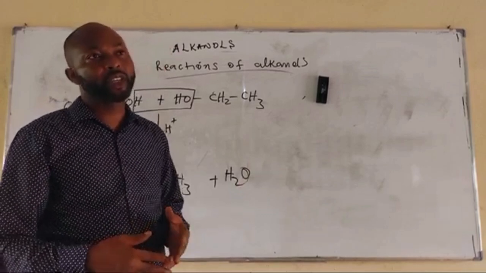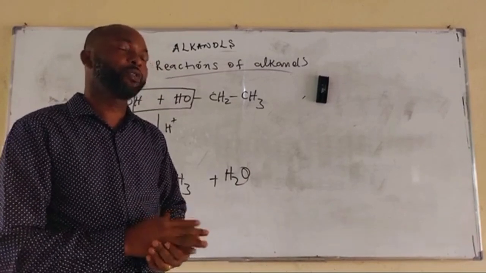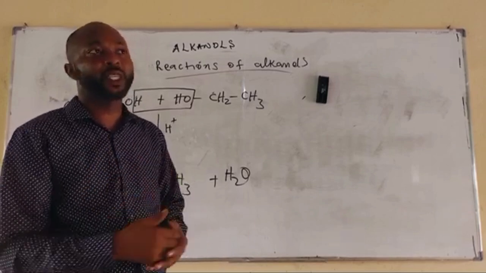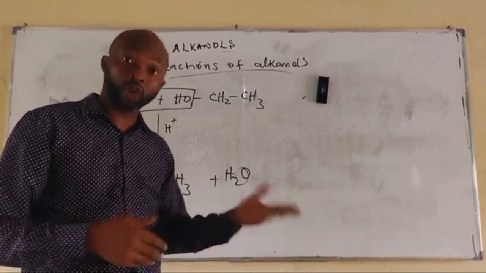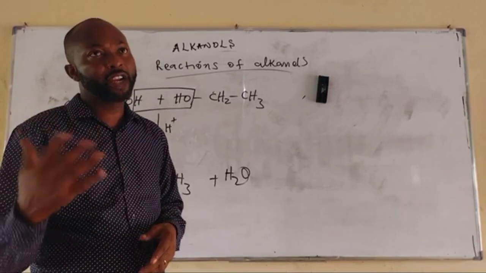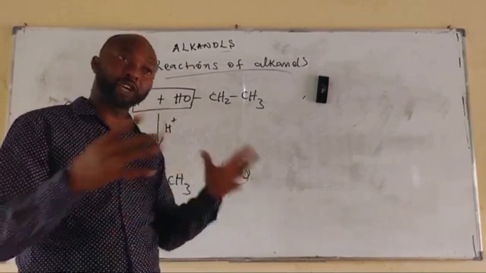We talked about the various classes of alcohols: primary, secondary, and tertiary. Primary, the carbon carrying the OH group is attached to one carbon atom or none. Secondary, the carbon carrying the OH group is attached to two carbon atoms, and tertiary, to three carbon atoms.